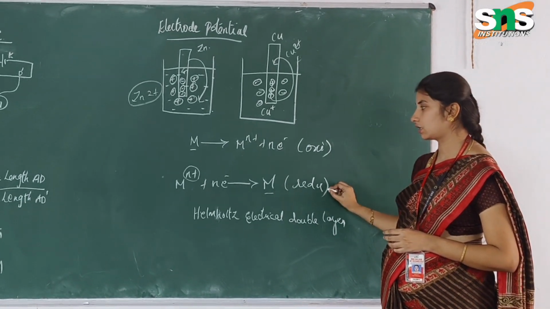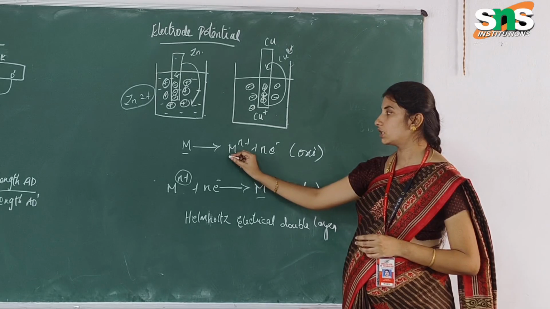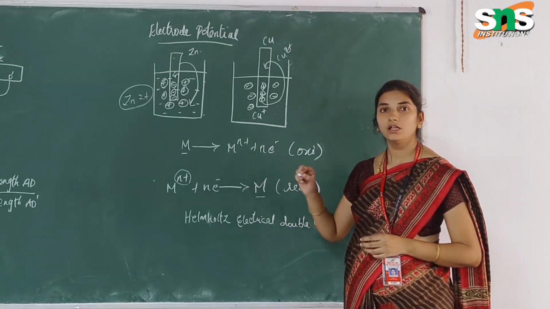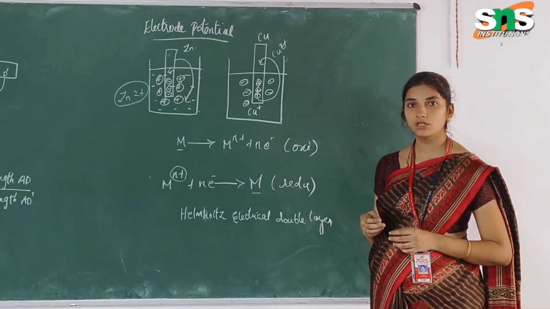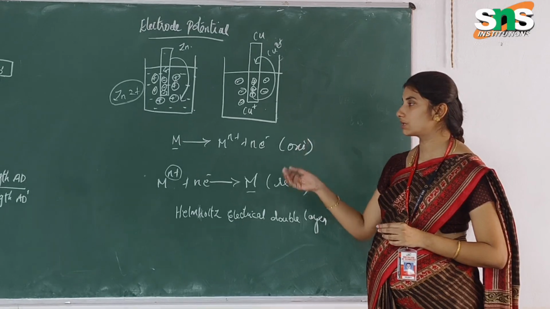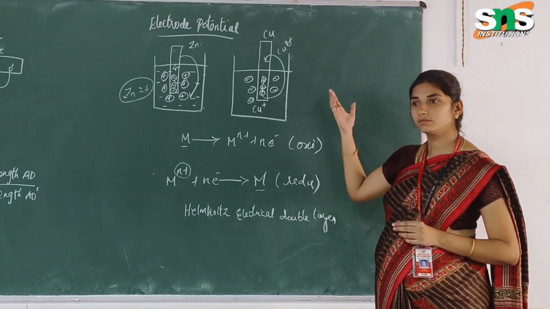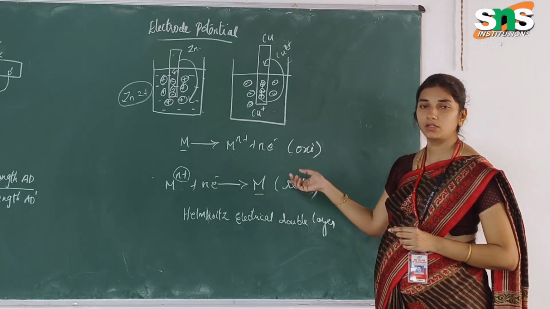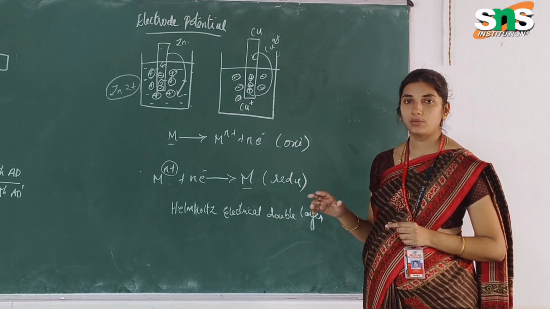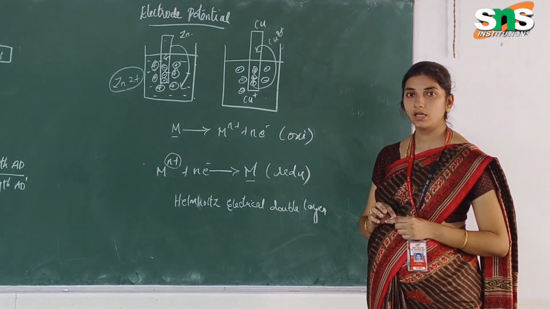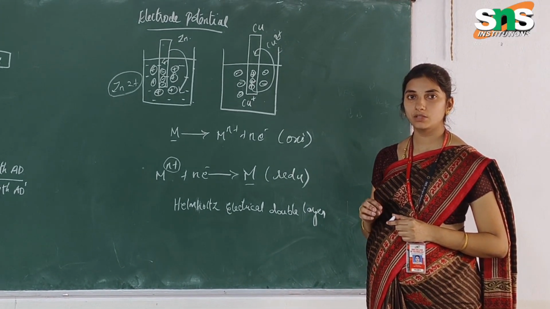The oxidation and reduction reactions can be carried out in either direction, so it is also called a reversible reaction, whether for the metal with its metal sulfate solution or the metal ions with the metal. Both reactions can be carried out, and the potential developed can be considered as arising from reversible reactions.